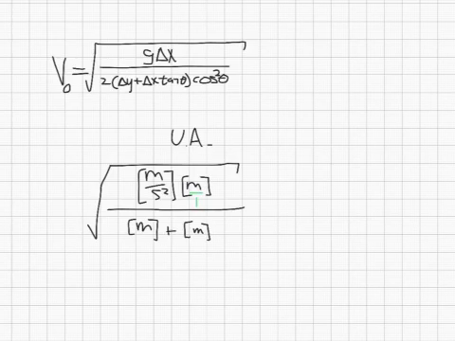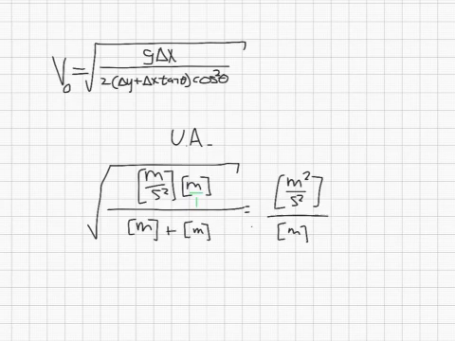So on the top part of this fraction, we're going to get meters squared per second squared, and on the bottom, when I add a meter plus a meter, I am going to get a meter as well. And don't forget, this is in the root symbol.